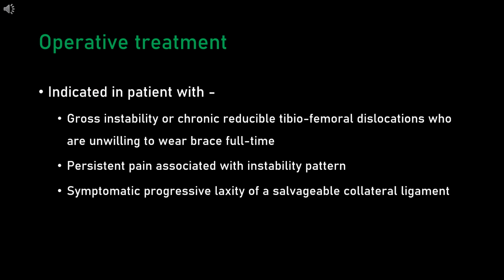Operative treatment is indicated in a patient with gross instability or a chronic irreducible tibiofemoral dislocation, who is unwilling to wear a brace full time, has persistent pain associated with the instability, or has symptomatic progressive laxity of a salvageable collateral ligament.